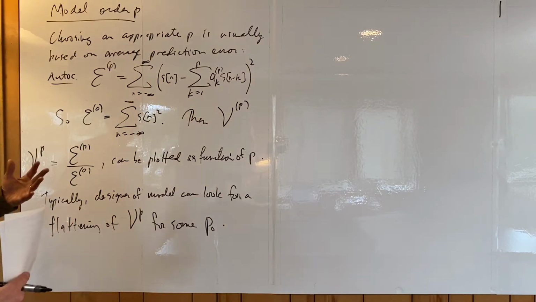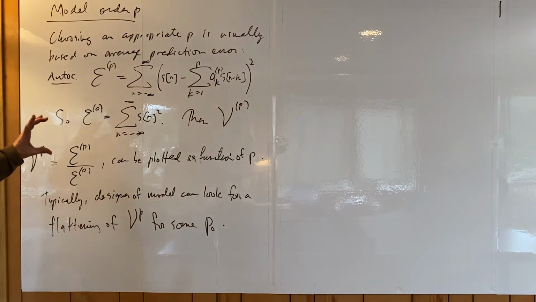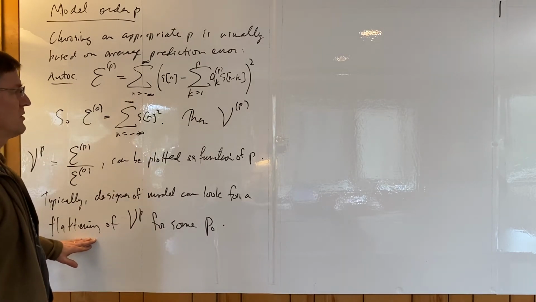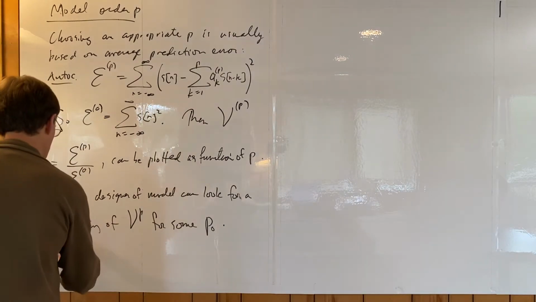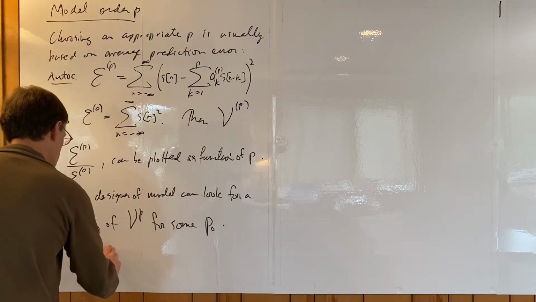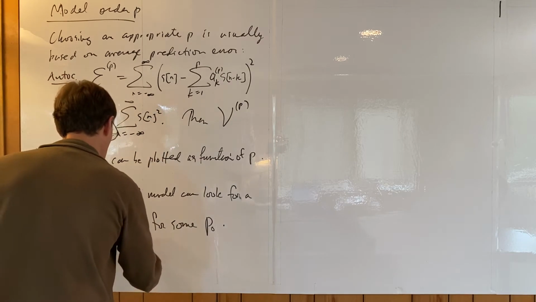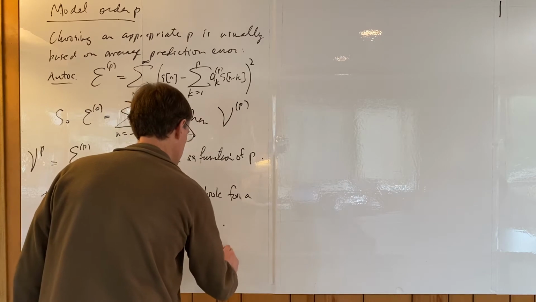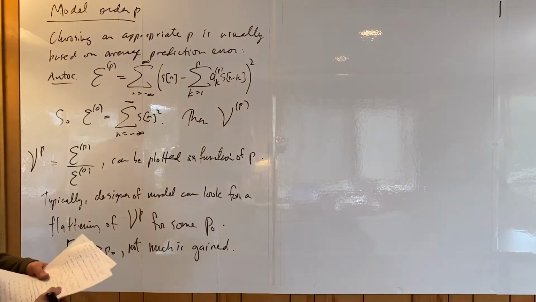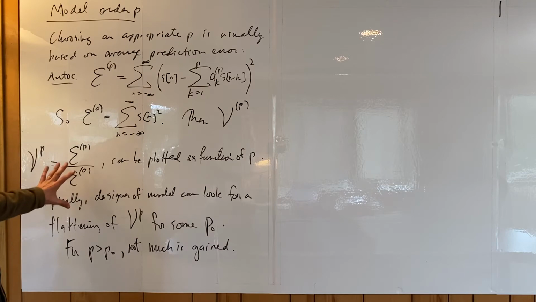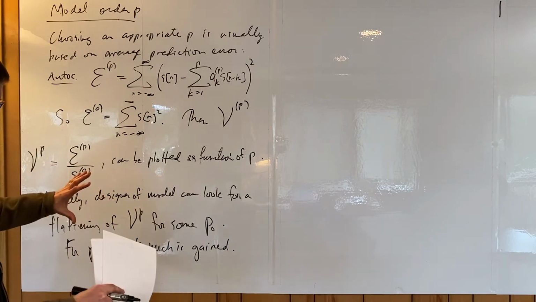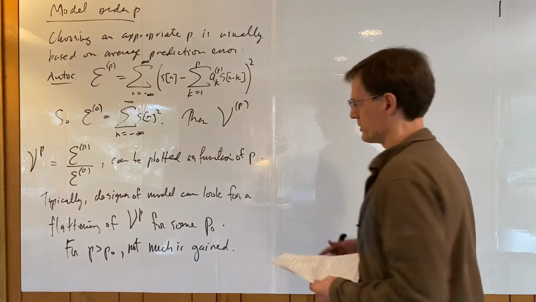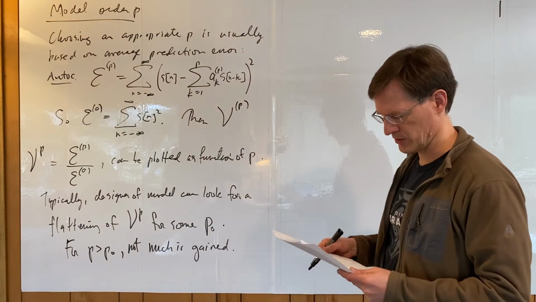In other words, at some point, this function is actually going to start to flatten out, and then we can choose a value which is after that point. So for p greater than p0, not much is gained, essentially. So basically, at this point, the procedure is kind of ad hoc, but you just take a look at this function and try to pick a value that seems reasonable, not based on any particular formula, but just on the fact that this function is flattening out.